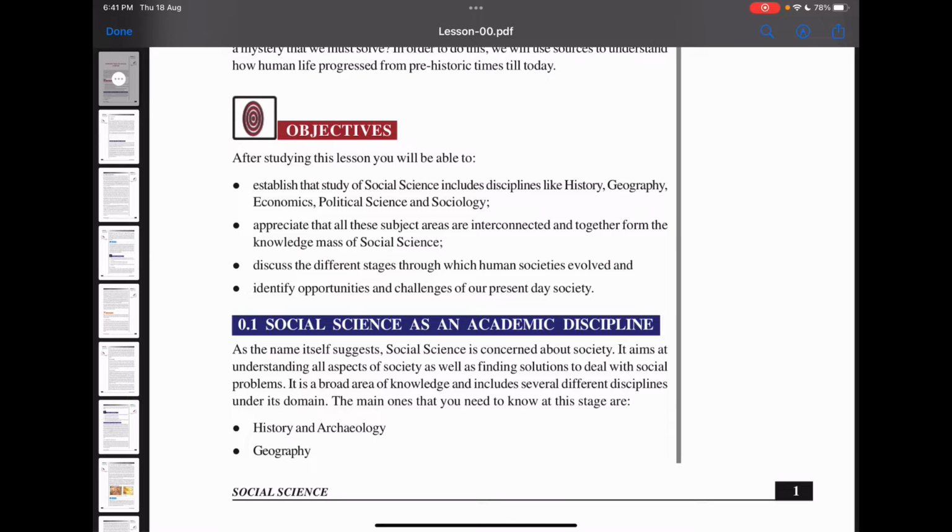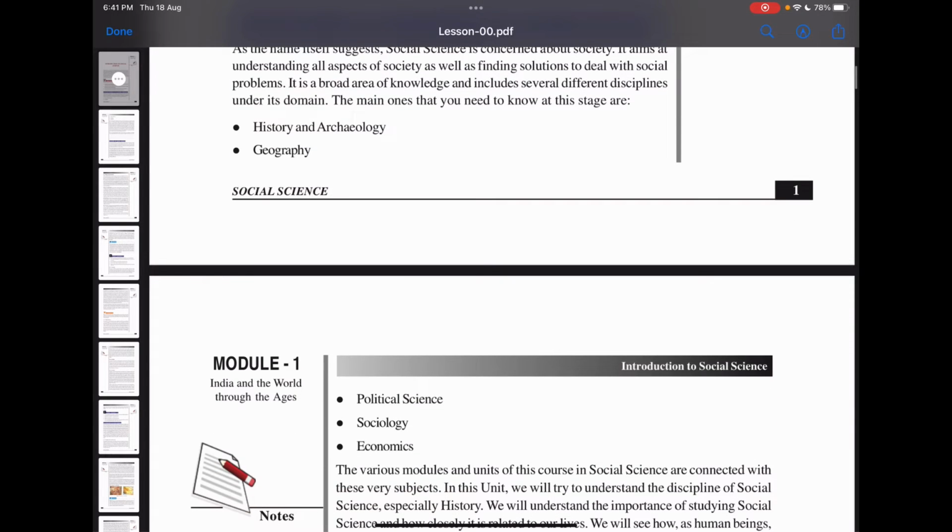The main ones that you need to know at this stage are history and archaeology, geography, political science, sociology, and economics. History is what happened in our past, and archaeology is the objects or the places that come up in our past. Geography is the location.